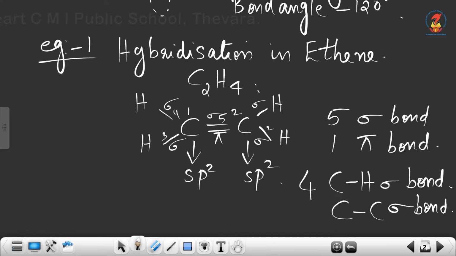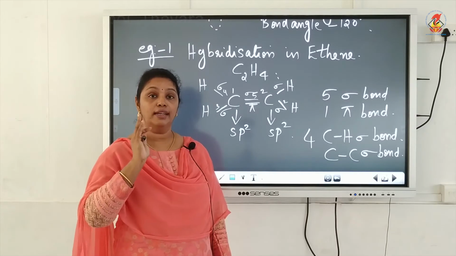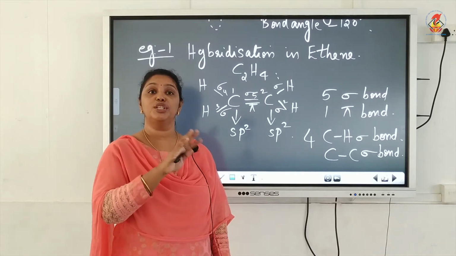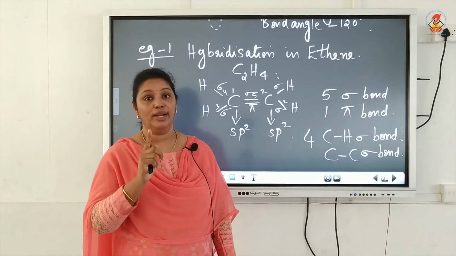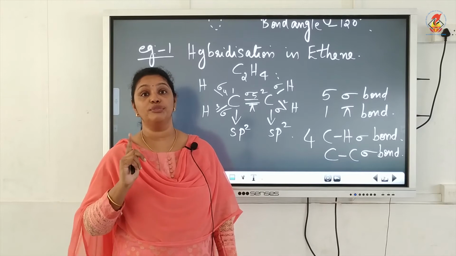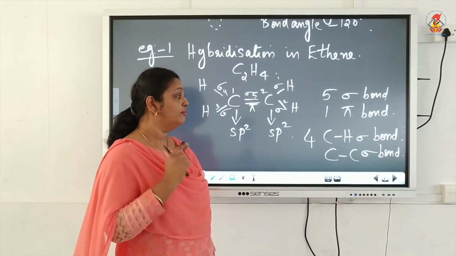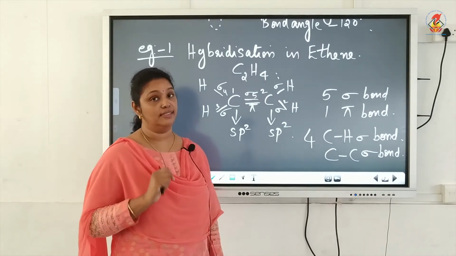So out of 3 hybrid orbitals on each carbon, 2 are used to form sigma bonds with hydrogen and 1 hybrid orbital is used to form a sigma bond with the other carbon atom. So we have a total of 4 CH sigma bonds and 1 CC sigma bond.